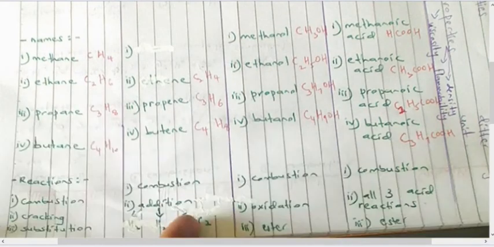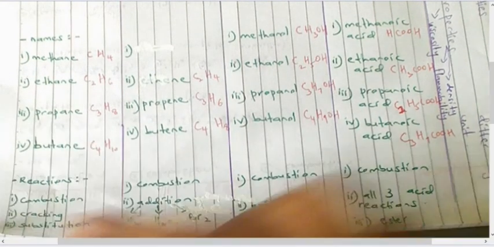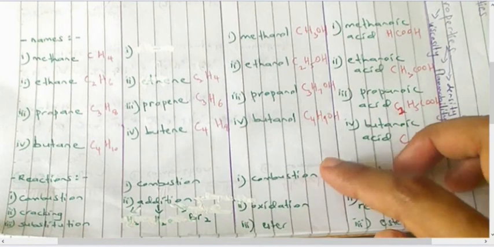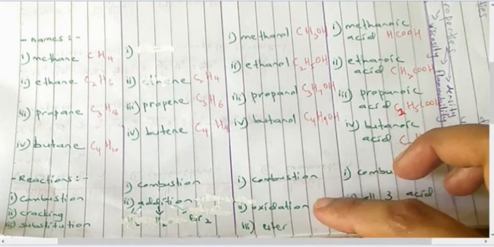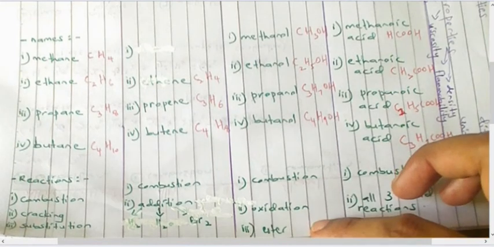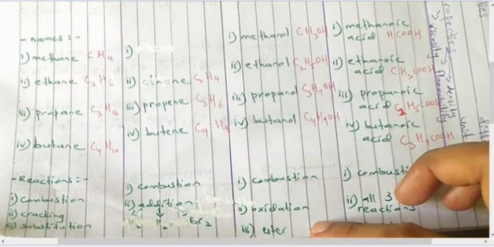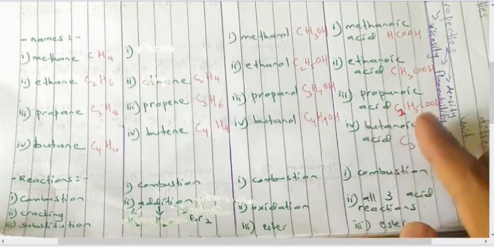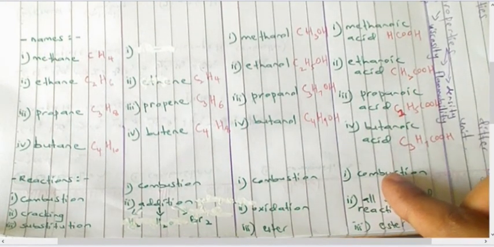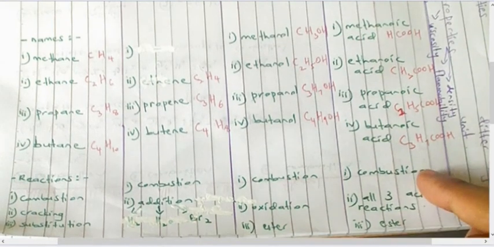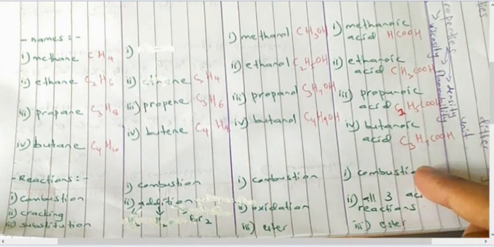Alcohol only undergoes 2 reactions, combustion and oxidation, and in some syllabuses they have ester formation. That's when alcohol reacts with carboxylic acid. For carboxylic acid, also mainly 2 reactions, combustion and the acid reactions.